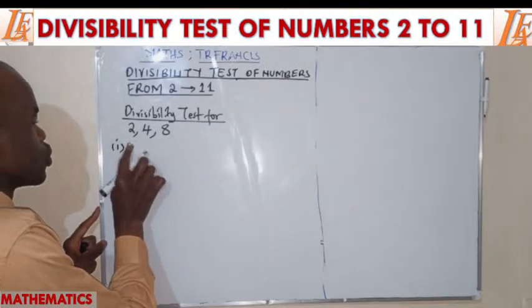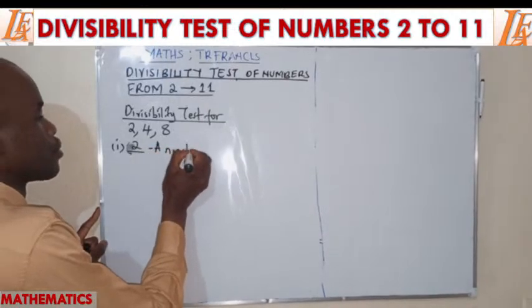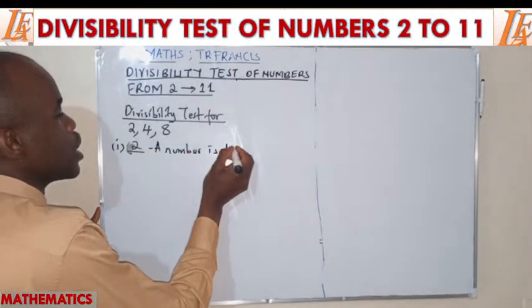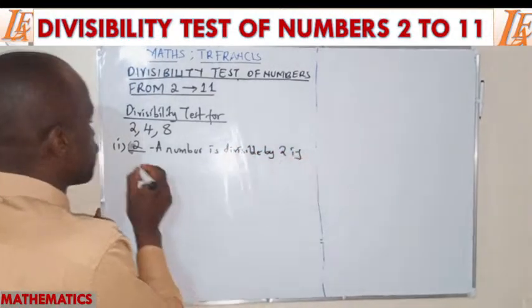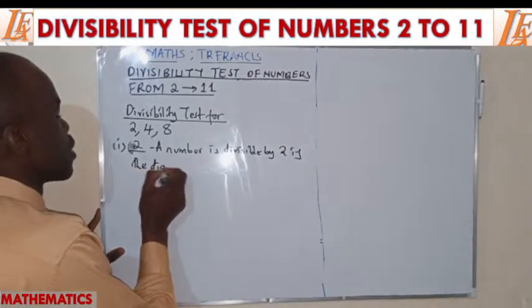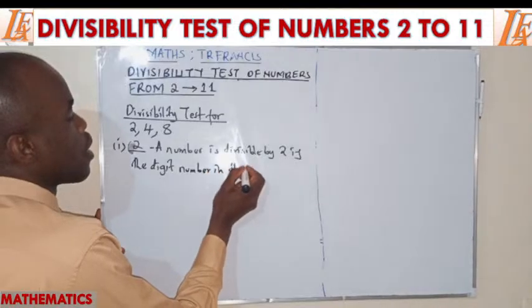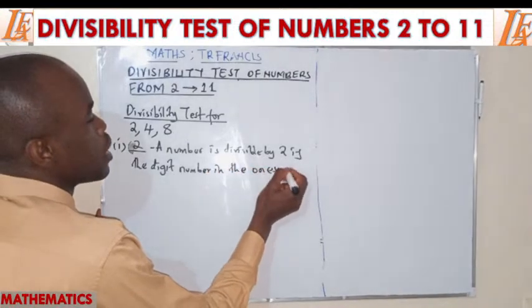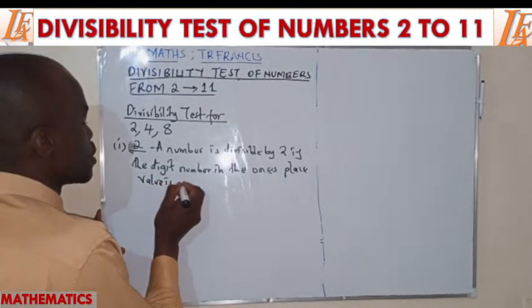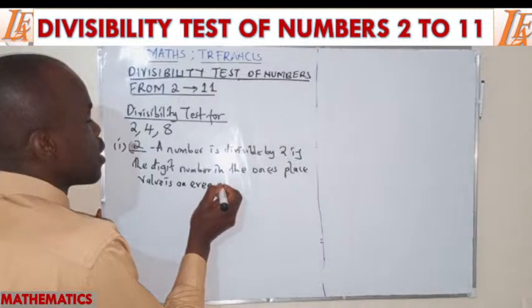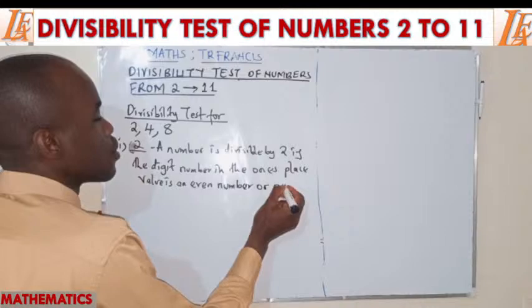Divisibility test for 2: a number is divisible by 2 if the digit in the ones place value is an even number or 0.